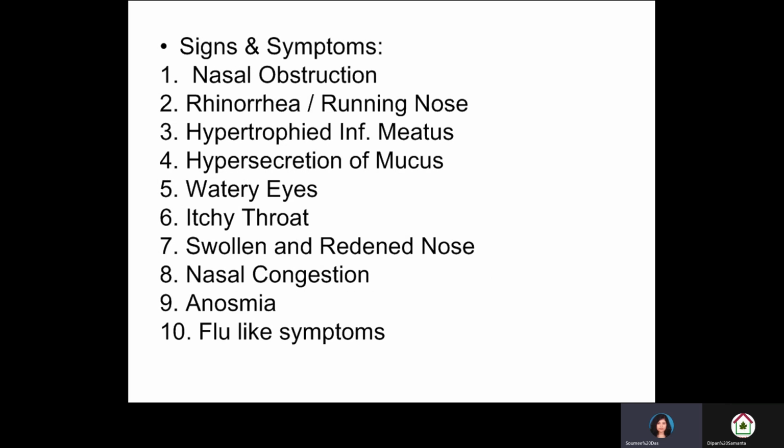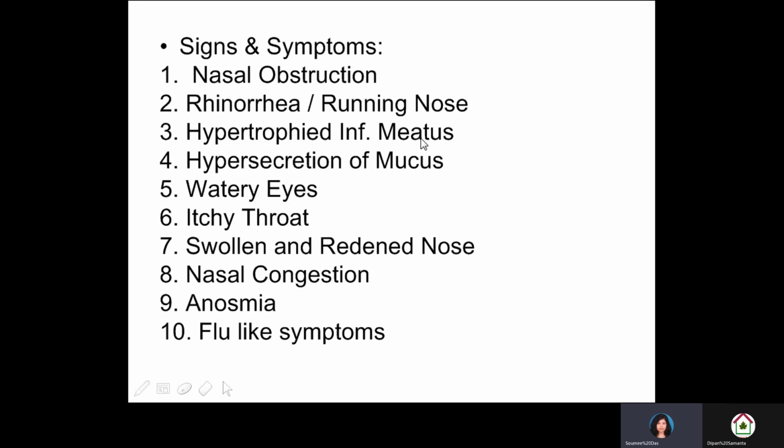Okay. Now we will see the signs and symptoms of the clinical manifestations of the chronic rhinitis. These are nasal obstruction. Obviously, if there is rhinitis, there will be inflamed mucosa and submucosa, which would lead to the obstruction of the nasal pathway. Rhinorrhea or running nose, that means the discharge coming out from the nose. Next is hypertrophic inferior meatus.